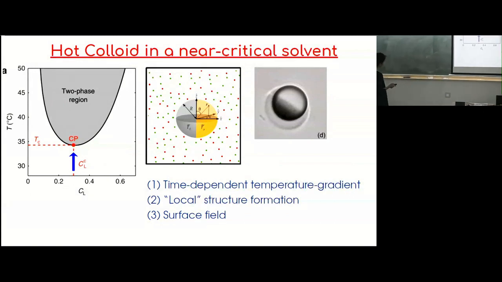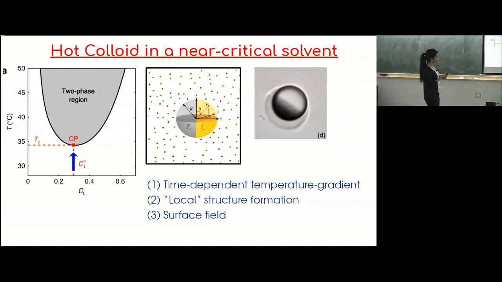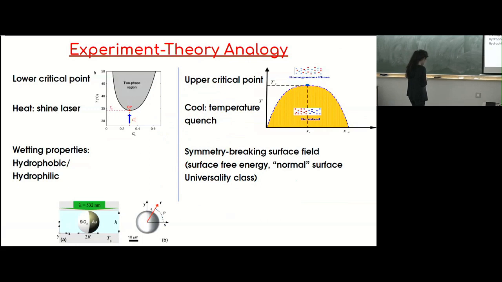Okay, and the second thing to note here is that this structure that you observe is really local in nature, okay? And it's taking place when you have a symmetry-breaking surface field in the system. So to do the modeling, just to bring in an analogy between the experiment and the theoretical modeling that we do: like I told you, they have a lower critical point, but in the modeling we are going to consider an upper critical point, like one does in the usual Ginzburg-Landau Hamiltonian picture.